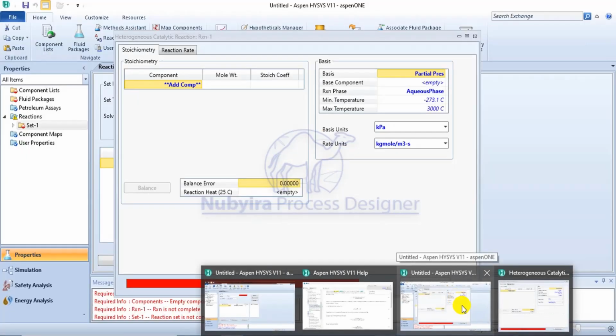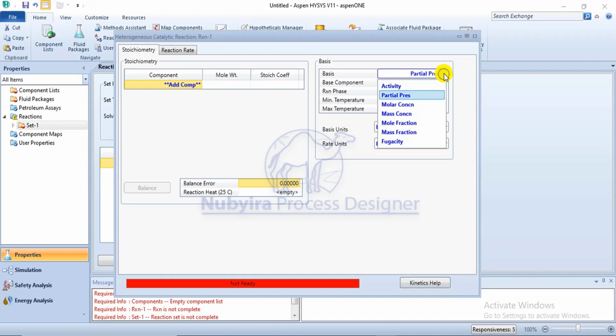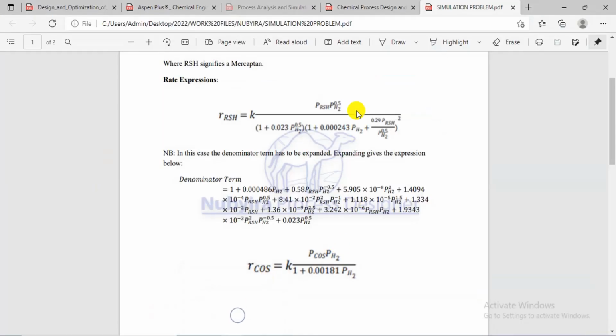From what we saw, you can have others. You have activity, molar concentration, mass concentration, mole fraction, mass fraction, and fugacity. So depending on what you have in that particular rate expression will determine which of them you will choose. But in this case, we get to choose partial pressure, because that is what is present in this particular rate expression. So you choose partial pressure.